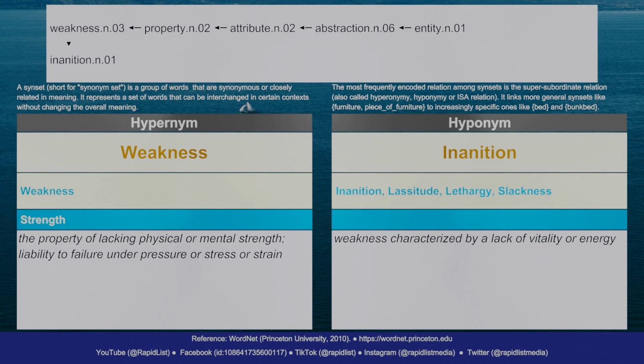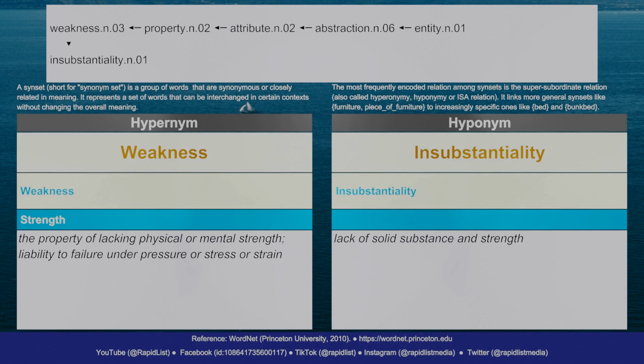Inanition. Weakness characterized by lack of vitality or energy. Insubstantiality. Lack of solid substance and strength. Smallness.